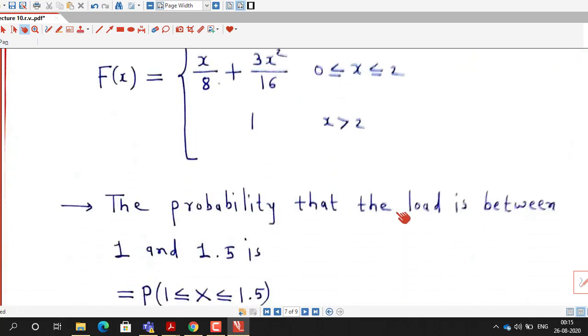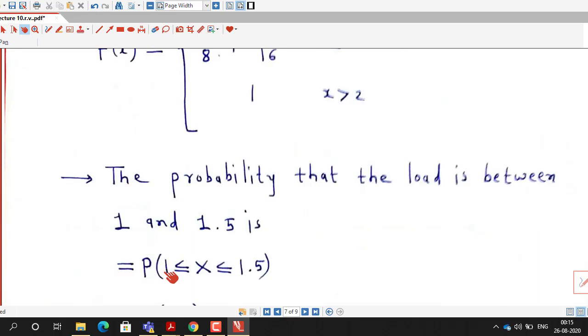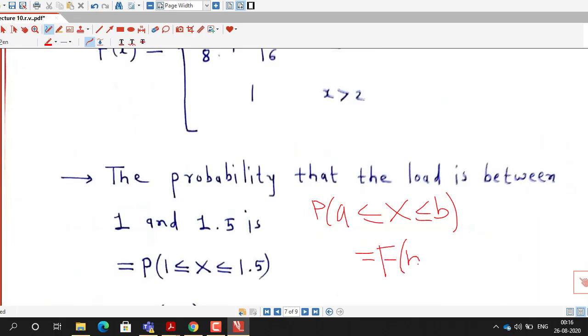Now if I want to find the probability that the load is between 1 and 1.5, it is given by the probability that 1 less than or equal to X less than or equal to 1.5. Using the property we just showed, the probability that X is between a and b is given by capital F of b minus capital F of a.